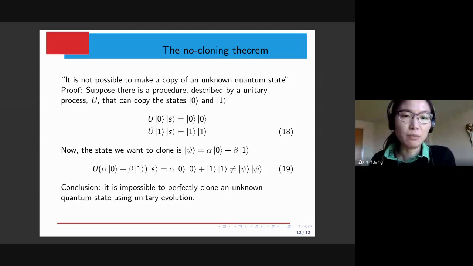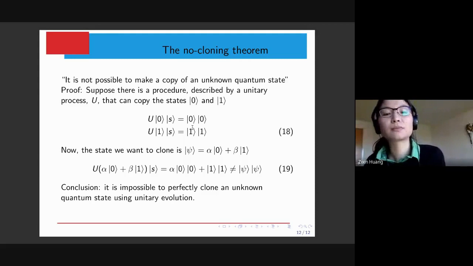And now, because I'm claiming that the unitary can copy 1, then I bring in the state 1, and I bring in my auxiliary state again, S. Then after the procedure, I will end up with 2 copies of 1. Now, suppose that the state we want to copy is an arbitrary state psi, alpha 0 plus beta 1.